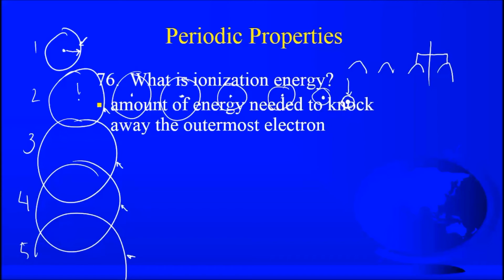What do you guys think? Looking at these pictures, what is the relationship with how far those electrons are from the nucleus and how much ionization energy is going to be required to rip it away? What do you think? Is it going to be easier for Devon to have the ball stripped away from him if he's holding it this far away from his body, or if he's holding it this far?